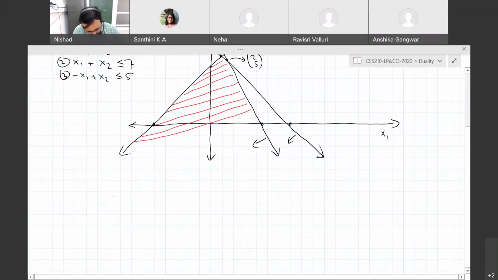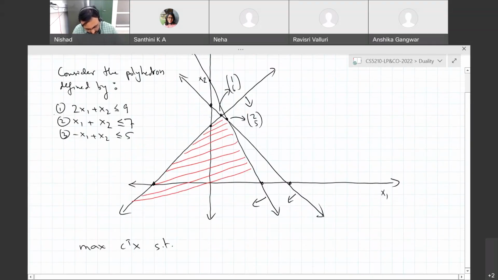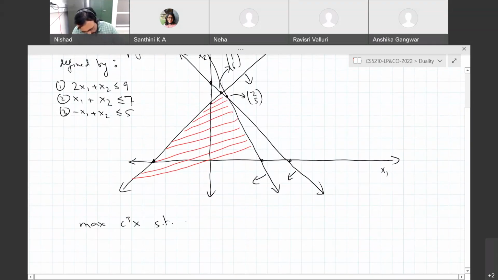All right. So let's suppose we are considering maximize C transpose X subject to the three constraints, which I have labeled as 1, 2, and 3. So the constraints are the given constraints 1, 2, 3.